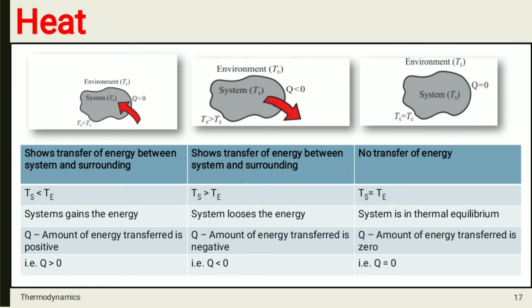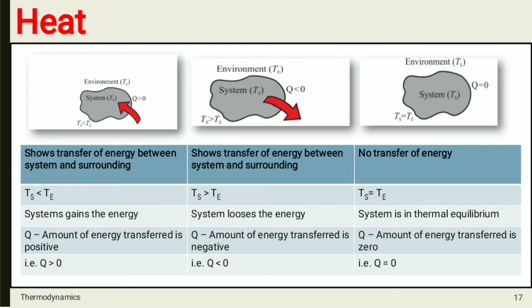In the third figure, you can clearly see that Ts is equal to Te, that is temperature of system is equal to the temperature of environment. So, system is in thermal equilibrium with its environment.